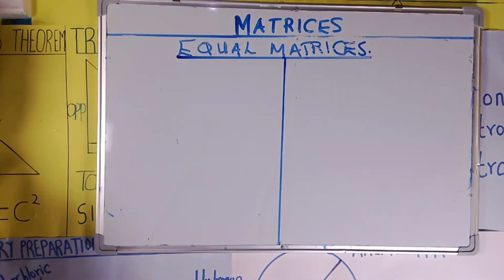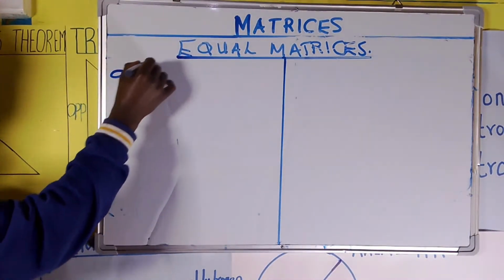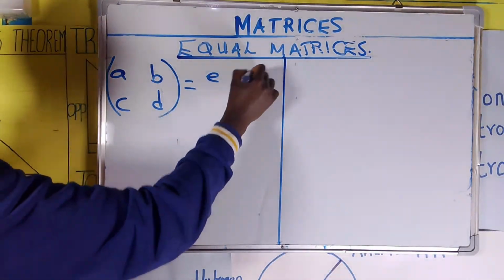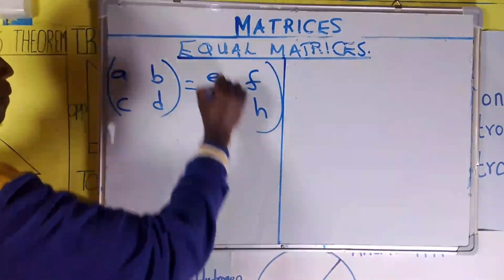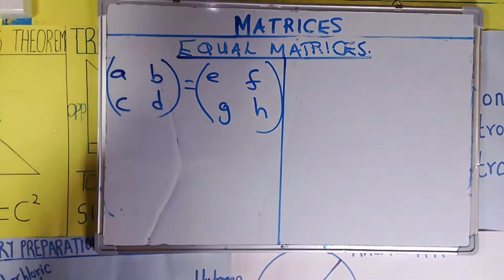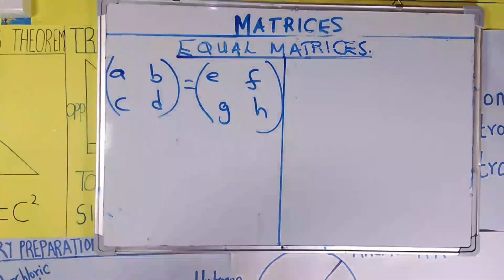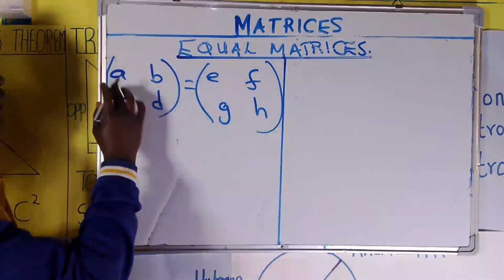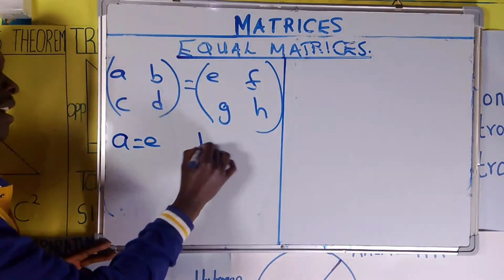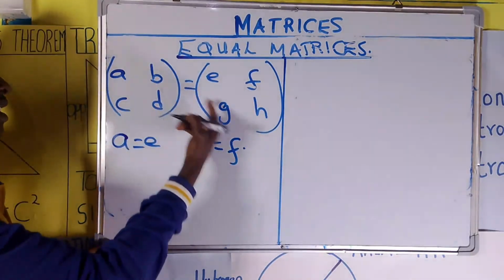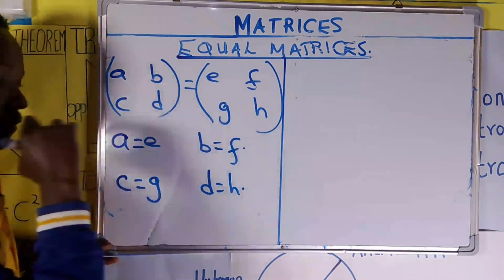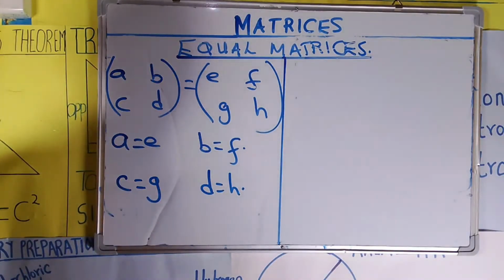So equal matrices is all about knowing that corresponding entries of matrices are equal. So if we have a matrix A, B, C, D being equal to E, F, G, H, what that means is that A is equal to E, B is equal to F, C is equal to G, and D is equal to H. That is what you just need to know.